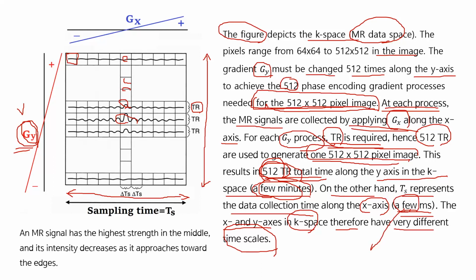This is data acquisition time. And the MR signal has the highest strength in the middle, and its intensity decreases as it approaches toward the edges. So intensity is decreasing if we move to the edges.